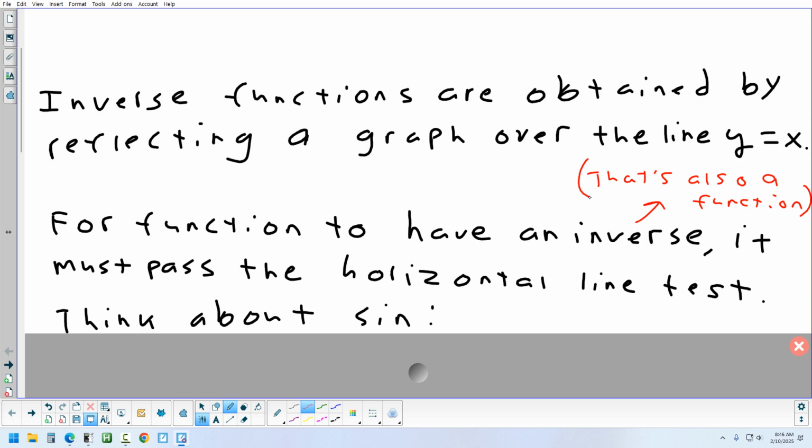The horizontal line test is very similar to the vertical line test. Basically, if you can draw a horizontal line and it only hits your graph once, it passes the test. If it hits it more than once, it fails the test. And what the horizontal line test tells you is, if you have a graph and you draw a horizontal line, it tells you if the inverse of that graph is a function. The vertical line test tells you if the graph you're looking at itself is a function.